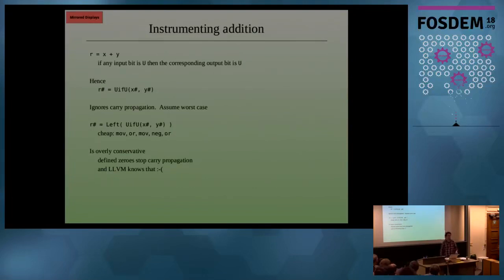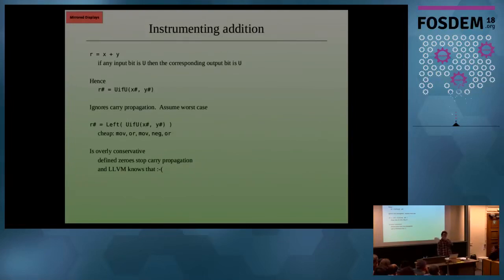But that's actually too simplistic, right? Because when you add things, you get a carry which can go arbitrarily far up the word towards the most significant bit. So we need to actually do something about carry propagation. The simple thing is to assume the worst case, that the carry is going to come all the way along the word upwards.